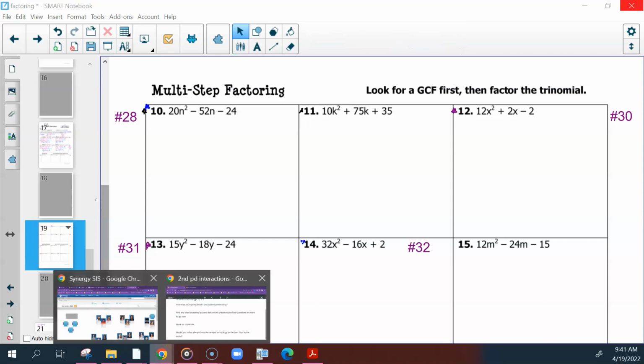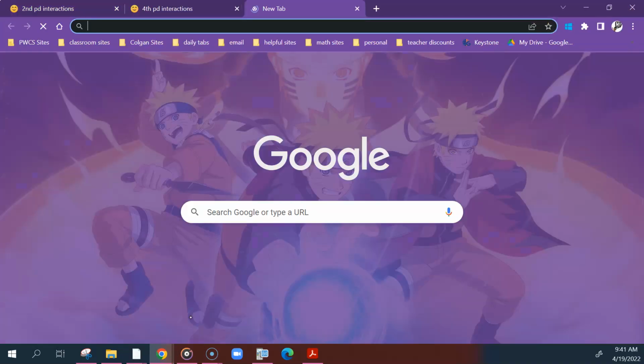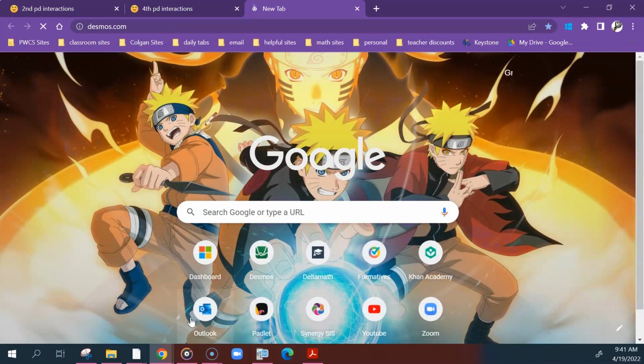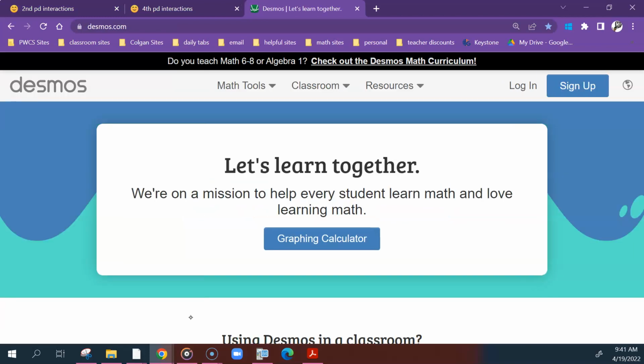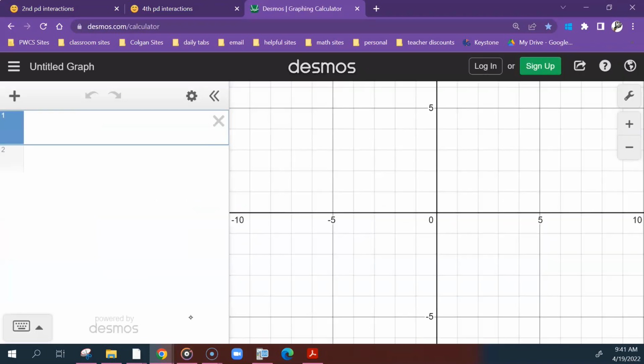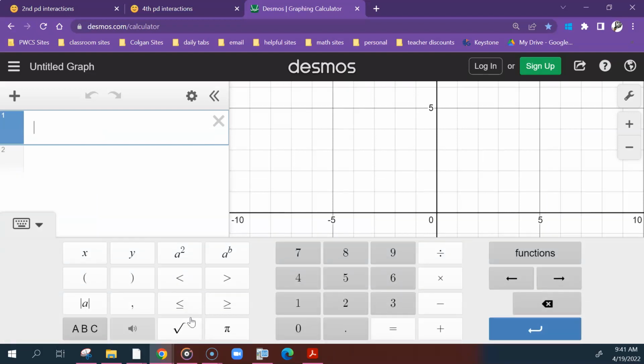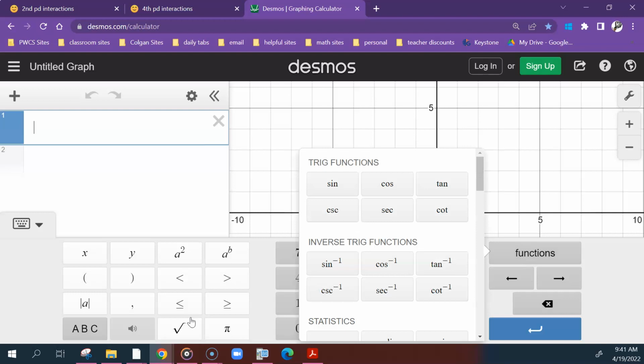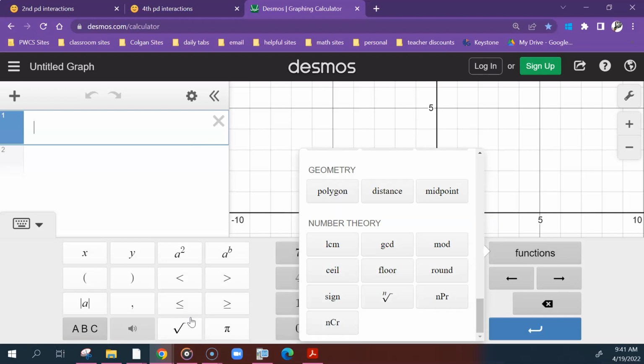You can't do this on your calculator, but you can do this in Desmos. So when you're practicing, if you want to use this, you can use this. In Desmos, in the graphing calculator, go into your keyboard, go into your functions, scroll all the way down to number theory, look for GCD, which is greatest common divisor.